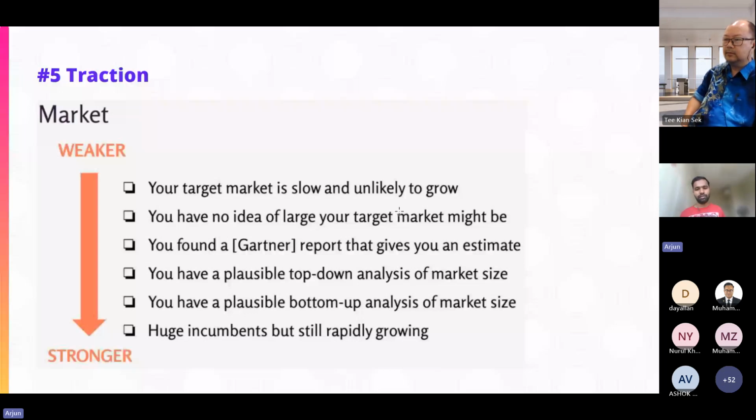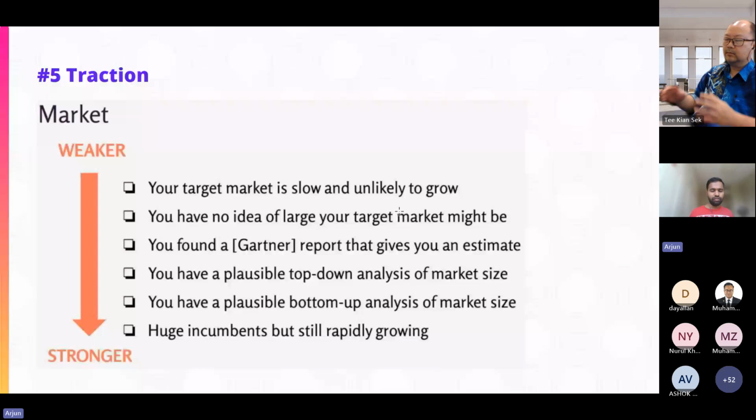Incumbents are the companies existing today in the market, serving the same customers that we are looking to serve with our products. These incumbents have similar products to what we are looking to develop. If the market is very slow and not growing, then it's a very weak market.